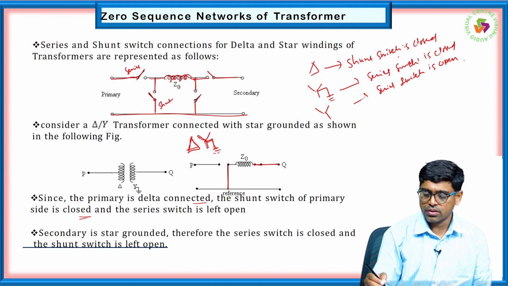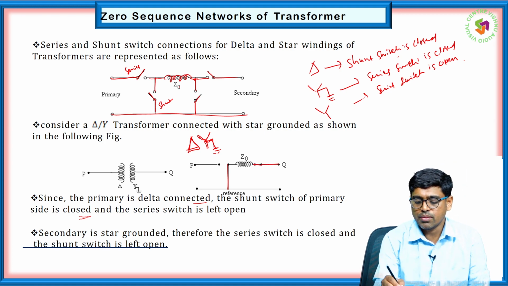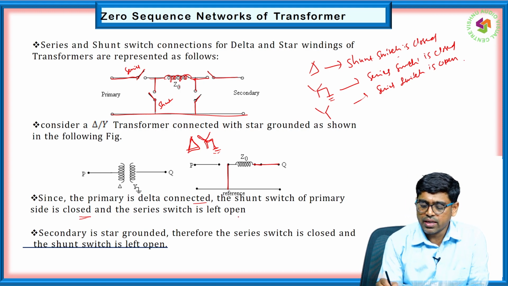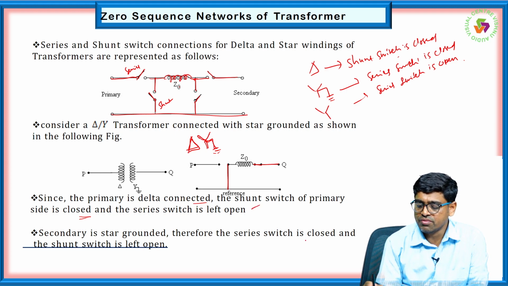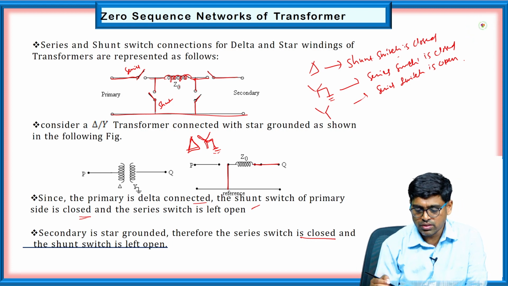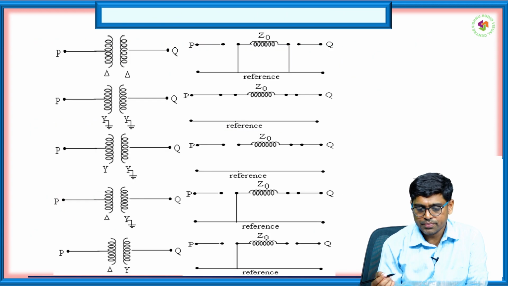This is the connection of the primary and secondary sides. The primary is delta connected, so the shunt switch of the primary side is closed and the series switch is left open. The secondary side is star grounded, therefore the series switch is closed and the shunt switch is left open. It is the zero sequence network for a transformer.